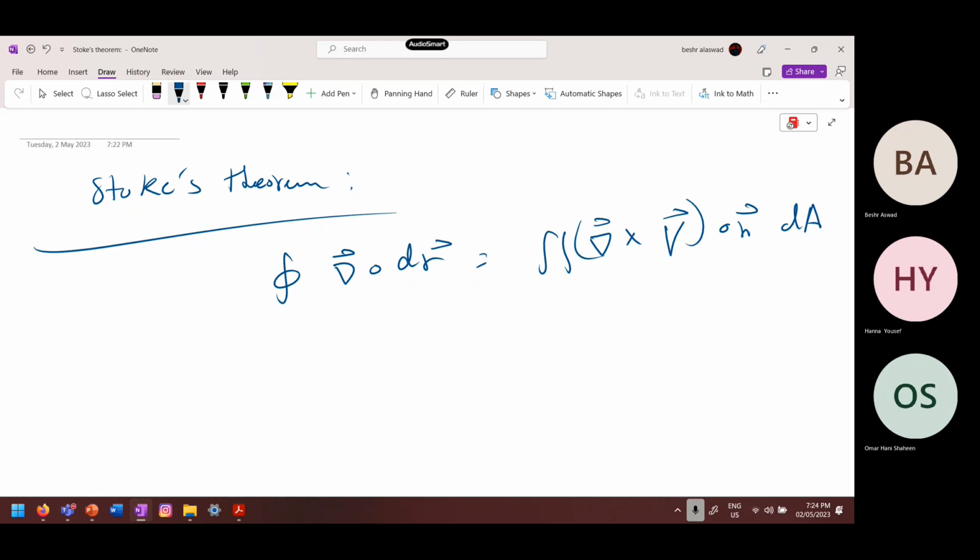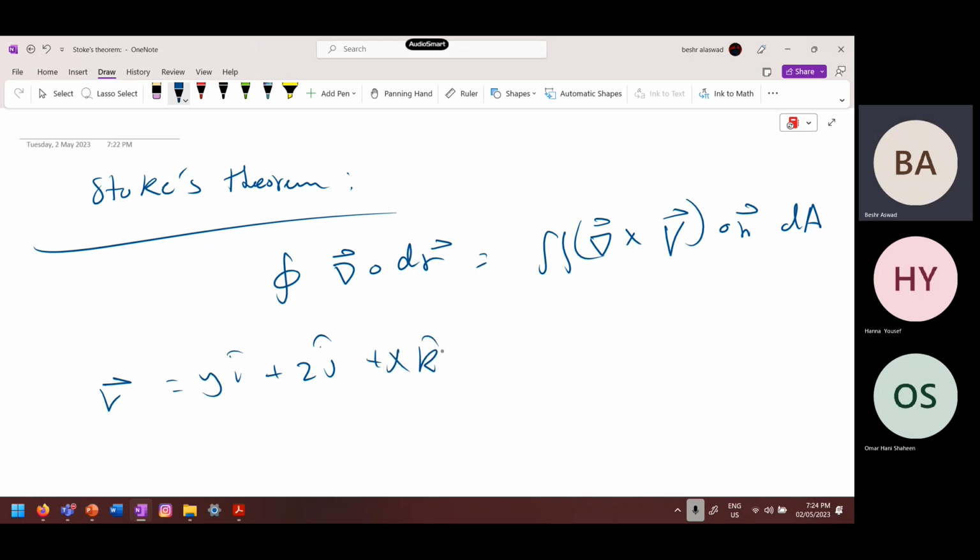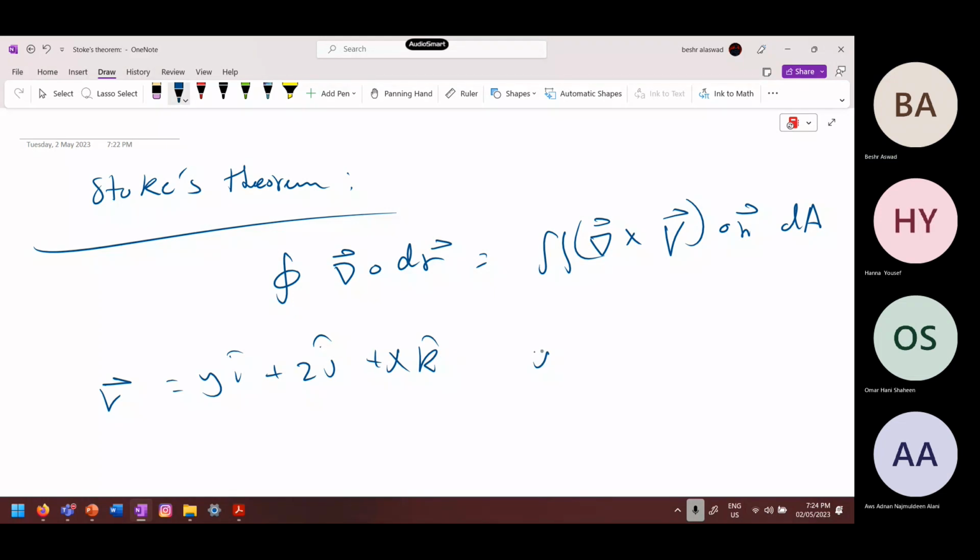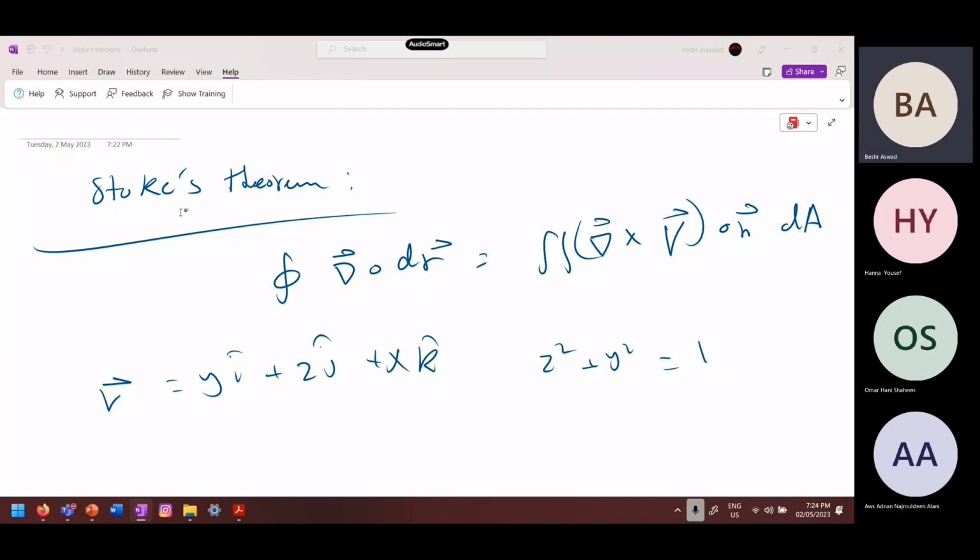Okay. To solve this, let's try to solve a question. Let's say that you're given a vector of y i hat plus z j hat plus x k hat, in an area enclosed of z squared plus y squared equals 1.